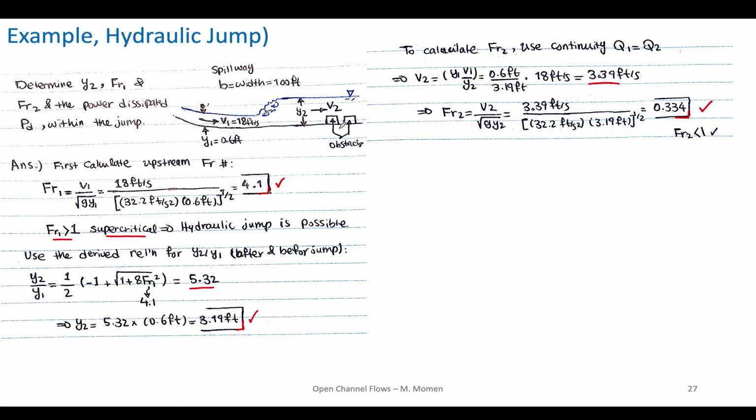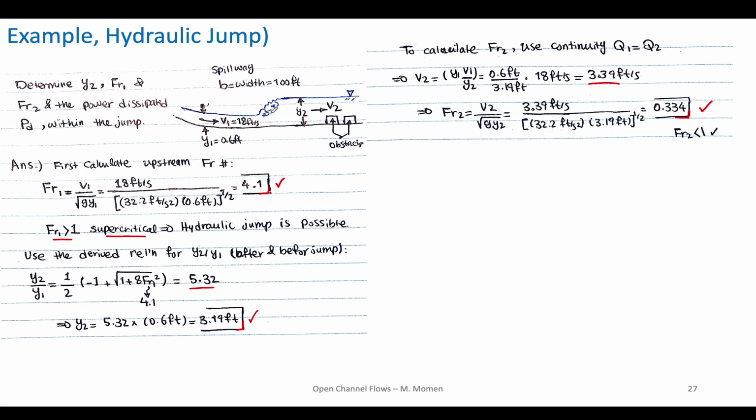Okay, so now the last unknown in the problem which we have to find is PD, the power dissipated within the jump. When you want to find the power, if you remember, it's related to the head loss. So we have to find how much head loss we have in this hydraulic jump.